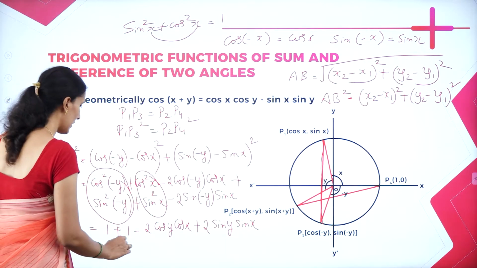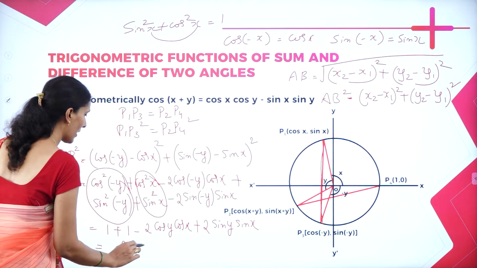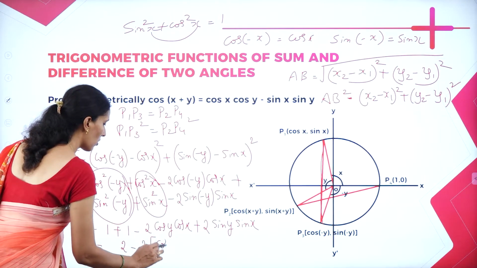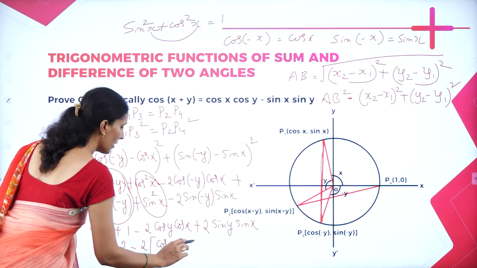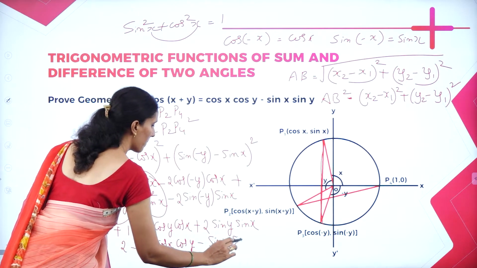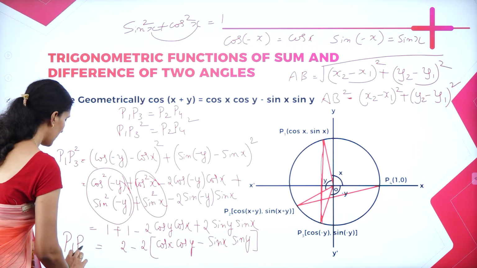So what happens here? This is 1 plus 1, which is 2. If you take 2 as a common factor, you will get 2 times (1 minus cos x cos y plus sin x sin y)... this is your P1P3 whole square.